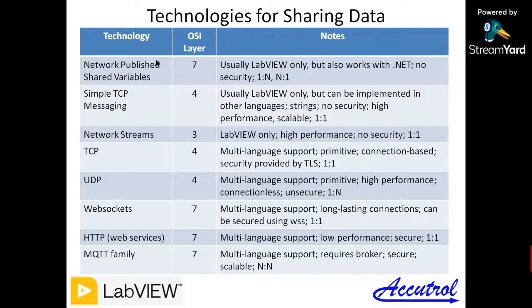Basically, to me, I think of network published shared variables as being end-to-end, meaning I can have producers of data and consumers of data, and they can be one and the same. You can be a consumer and a producer, and it just doesn't matter from the standpoint of network published shared variables.